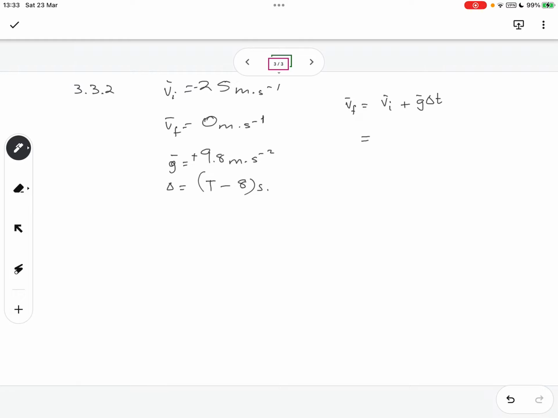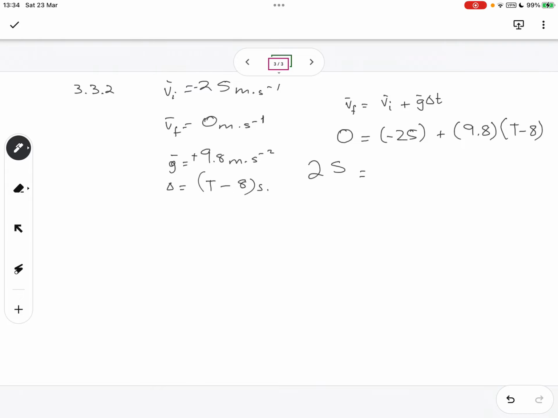So we're going to substitute. Vf is 0 and Vi is -25. Acceleration due to gravity is 9.8 and change in time is t minus 8.